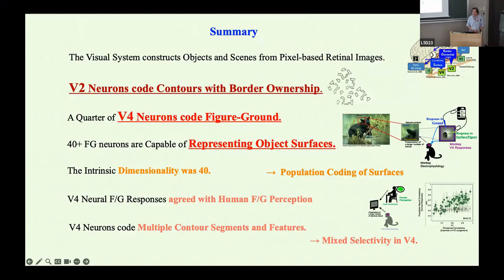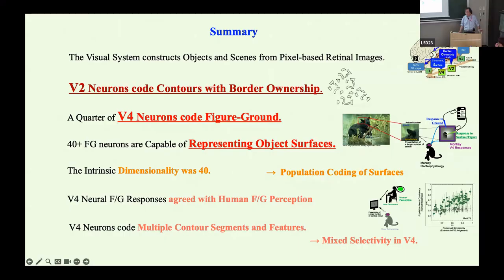I want to ask you about, I forgot the English term, perceptual rivalry. A famous example is two persons facing each other, which looks like a vase. And so you record two aspects, I think. One is border ownership in V2, and another is figure-background segregation in V4.